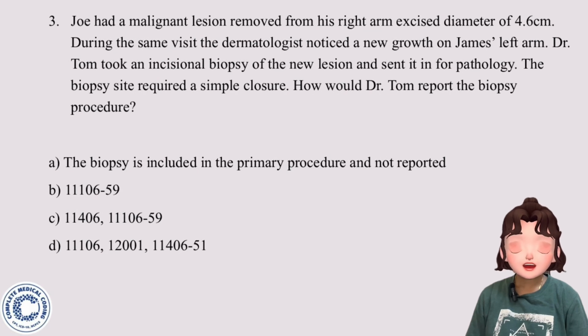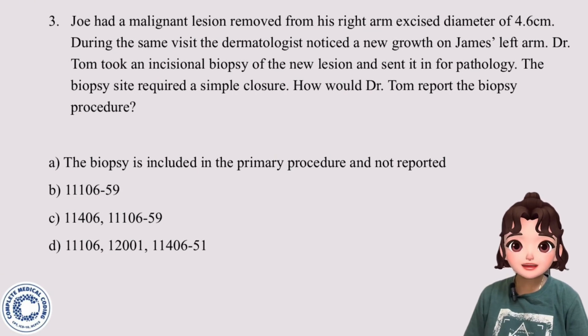11106. Incisional biopsy of skin, for example wedge, including simple closure when performed, single lesion. See, simple repair means simple closure is already included in the biopsy procedure, so you don't have to code it separately.